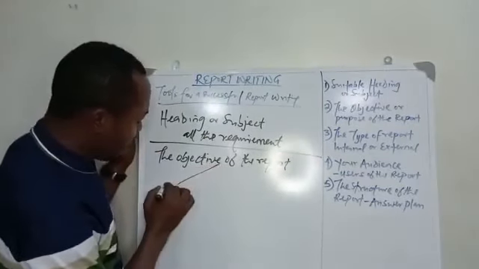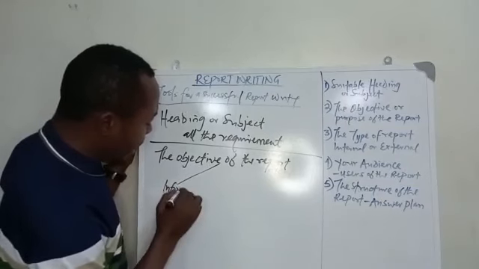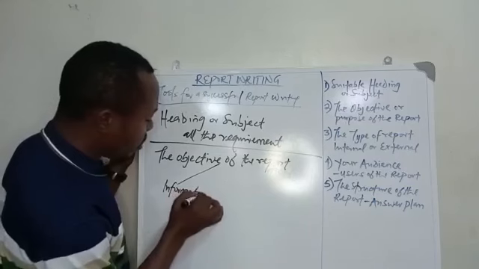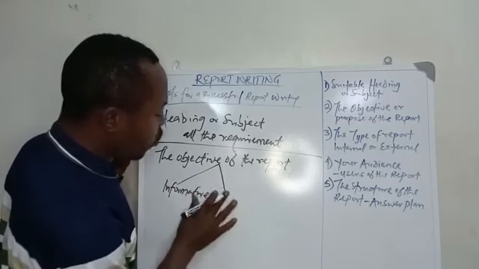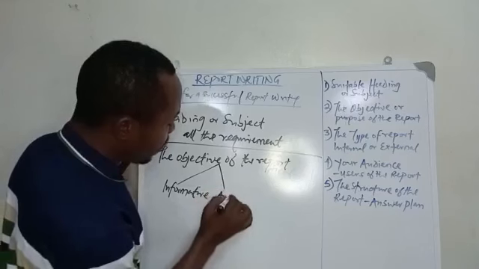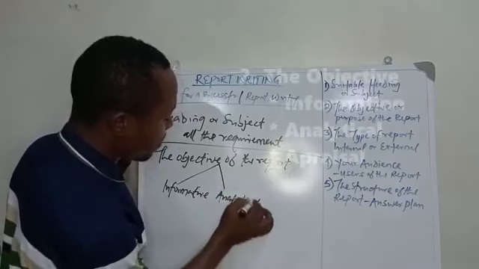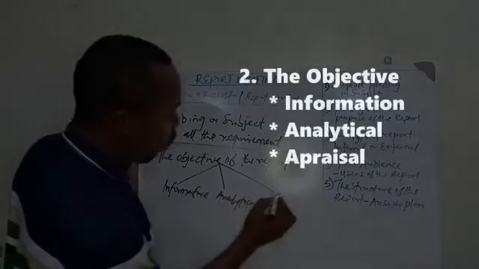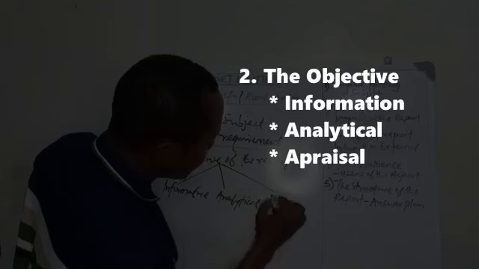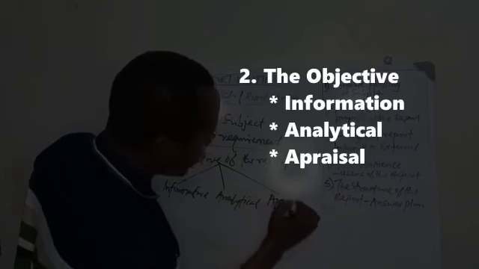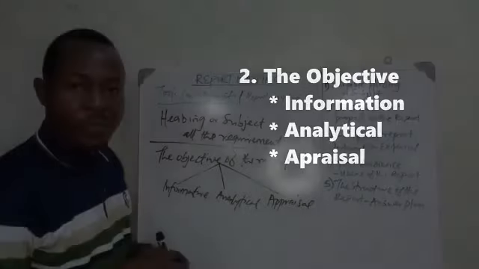The report could be for information, or we call it an informative report. The next one could be an analytical report. A report could also be an appraisal report, to appraise.